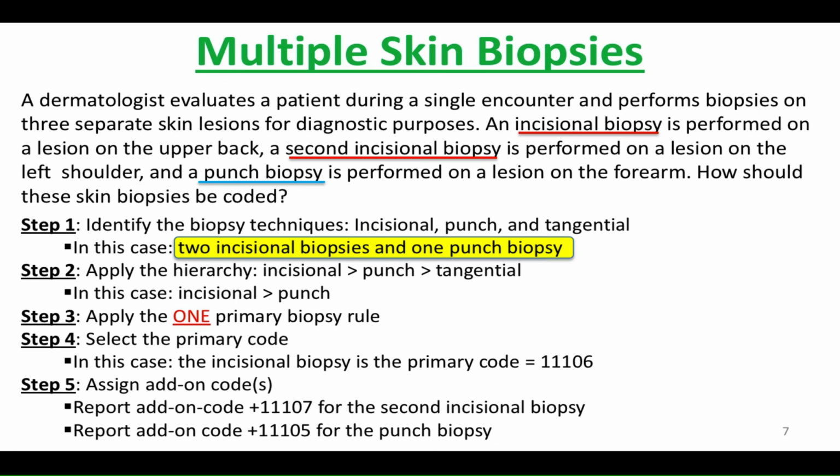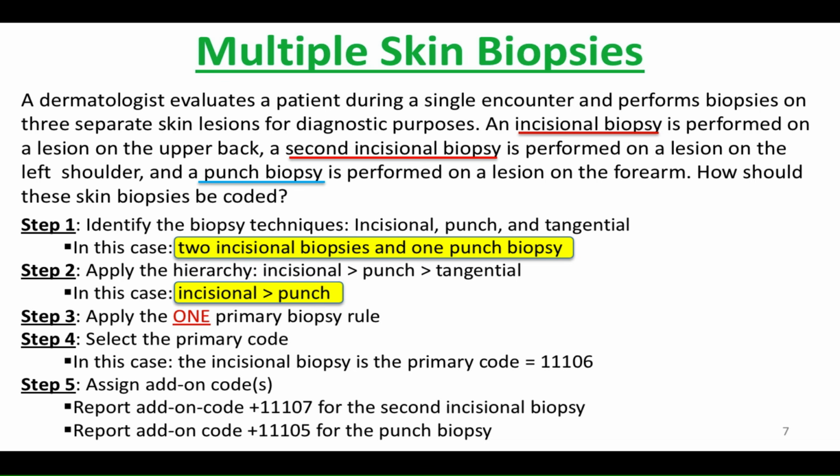Next, apply the hierarchy. Incisional biopsy is higher than punch biopsy, so incisional takes priority here. Then, apply the one primary biopsy rule. Even though multiple biopsies were performed, only one primary biopsy code can be reported for the encounter.